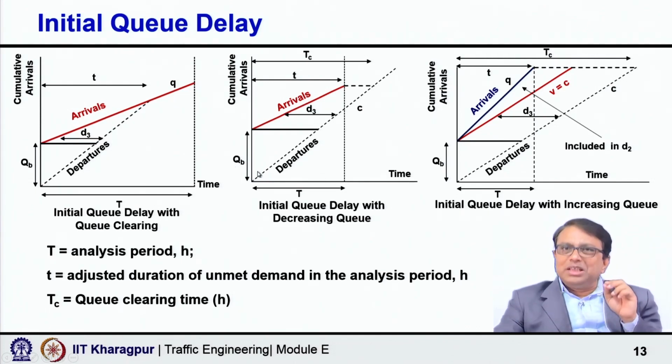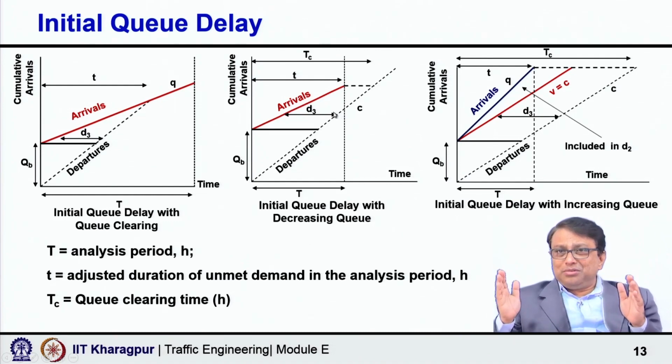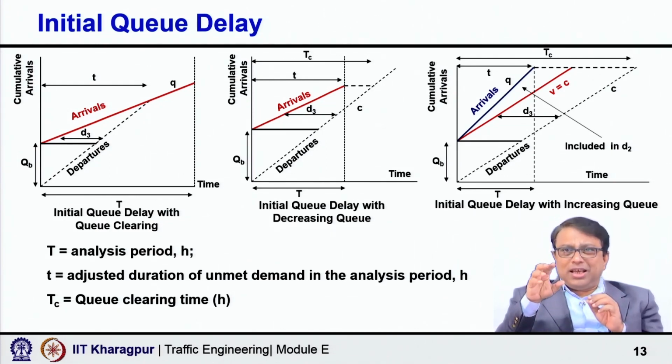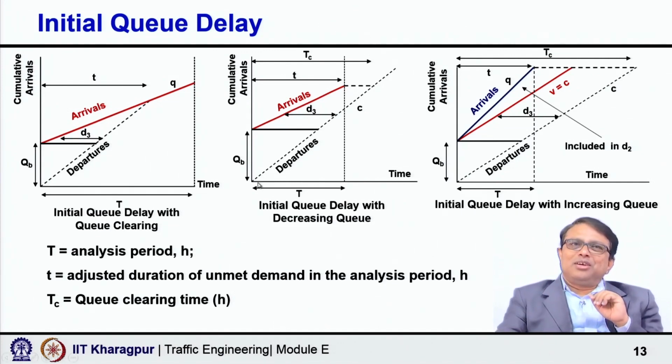It will be something lesser than QB, because during this whole analysis period capital T, the number of the queued vehicles will get reduced. So the gap is getting reduced in this case.